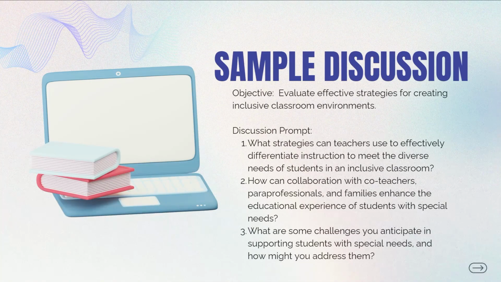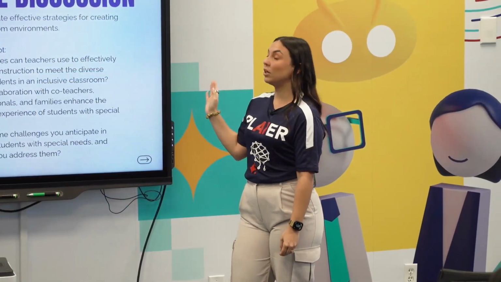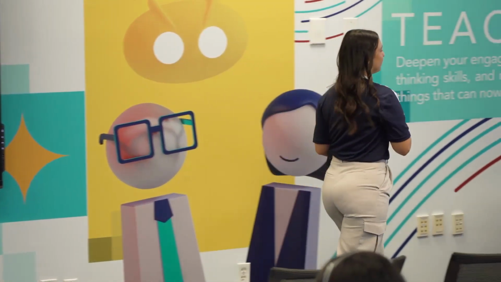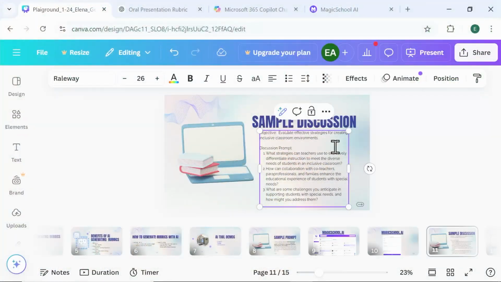So I have the 2 things that this AI tool would like. I have the objective and I have the discussion prompt. So I'm going to go ahead and input that into the tool. All right, let's go ahead and grab that objective.